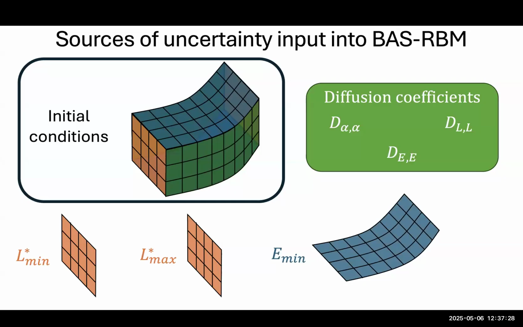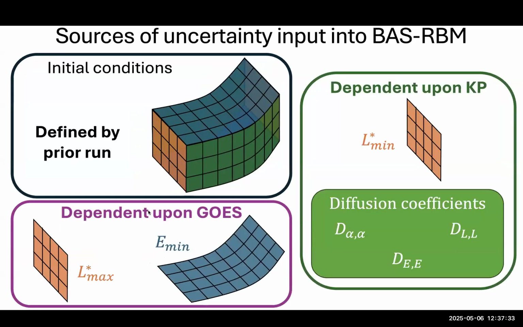So yeah, we have these sources of uncertainty, and we can group these into different groups. We have our initial conditions, as I said, and then we have the Emin and L star max boundaries, which are dependent upon the GeoDAWG data or are fits to the GeoDAWG data. And then we've got the lower L star boundary and the diffusion coefficients, which are dependent upon Kp.